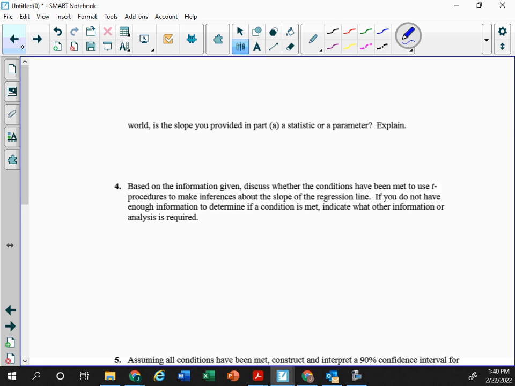Yeah, exactly. It's the slope from our sample, right? So yes, you are completely right. This is a statistic. The slope is an estimate based on our sample, or on this sample.